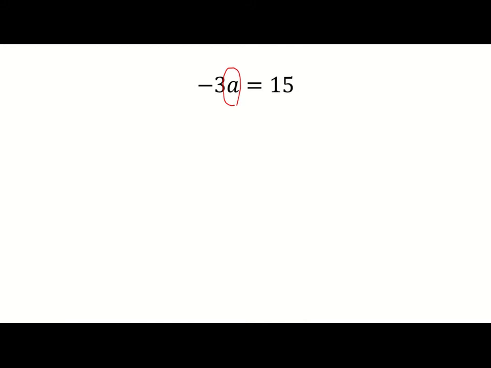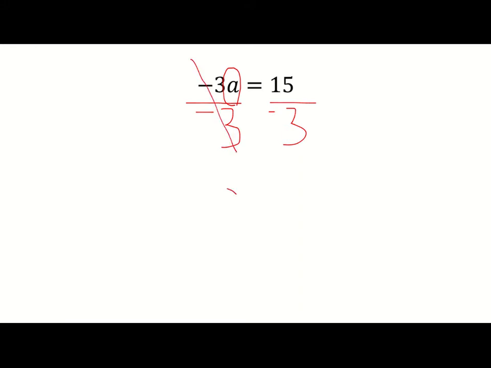So I need to undo that operation by dividing. So I'm going to divide by negative 3. Again, whatever you do to one side of the equation, you have to do to the other side. So I divided by negative 3 on both sides. When I do this, negative 3 divided by negative 3 is going to cancel out.